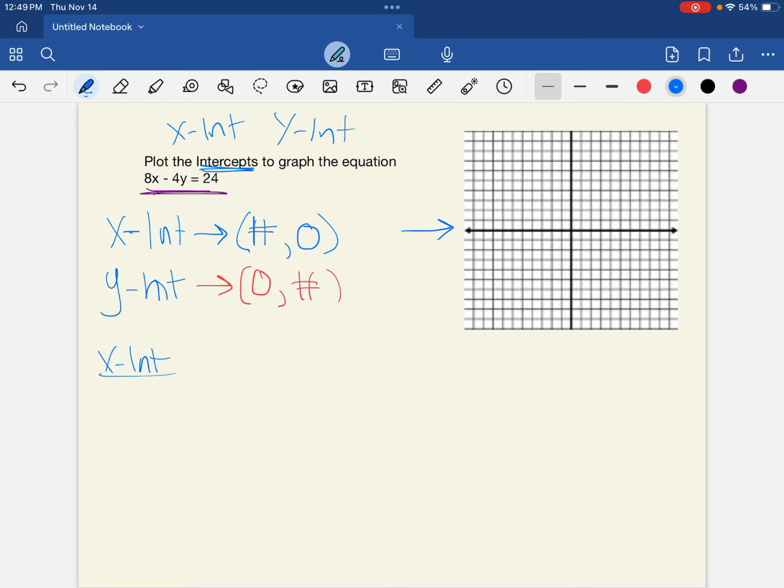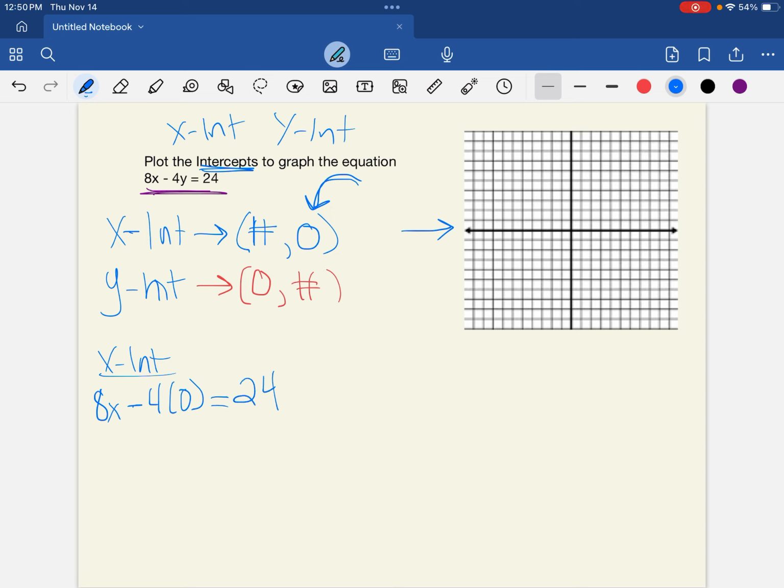When I do this, I'm going to keep the 8x, but remember, our y-coordinate for an x-intercept is 0. I know what the y is. It's 0. So I'm going to substitute in 0 for y, and that's still equal to 24.